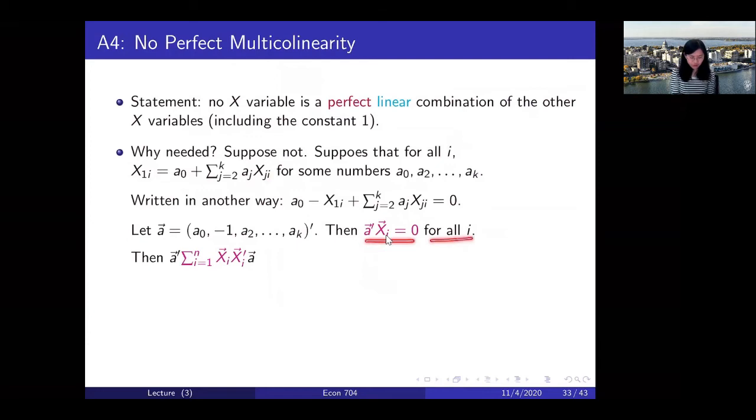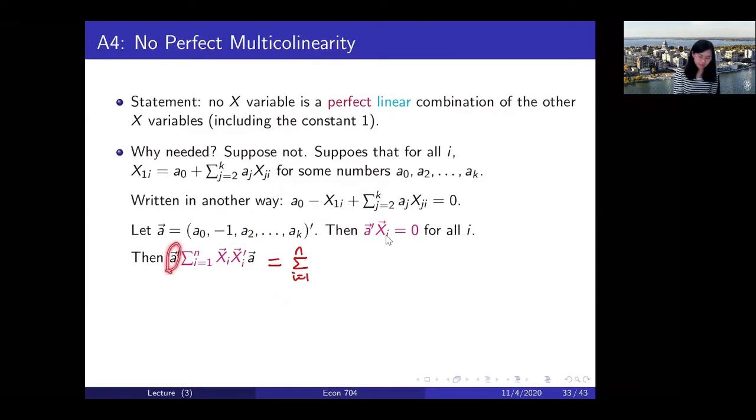If that holds for all i, then this matrix product, A prime times the sum of xi xi prime times A, can be written as the sum from i equals 1 to n.